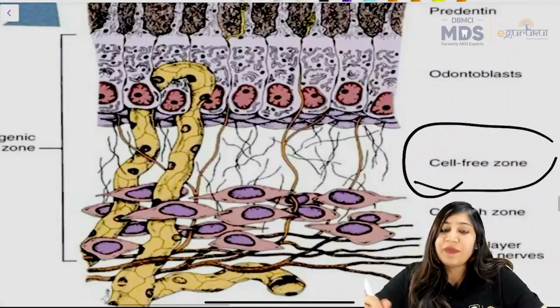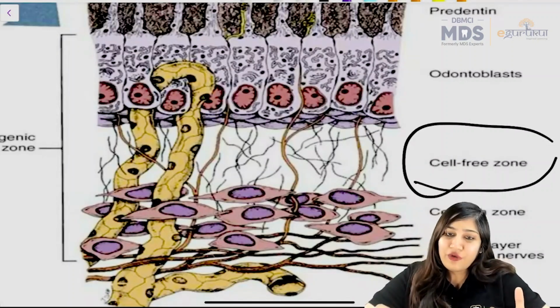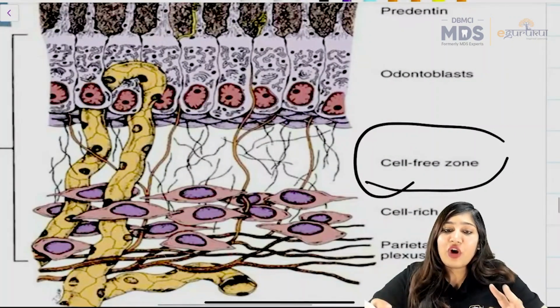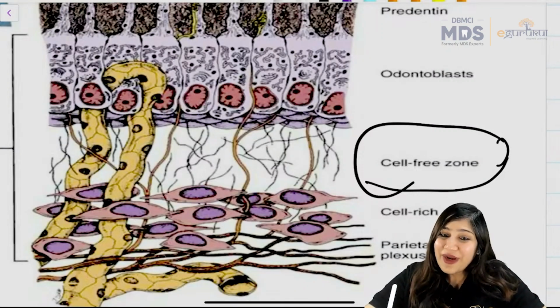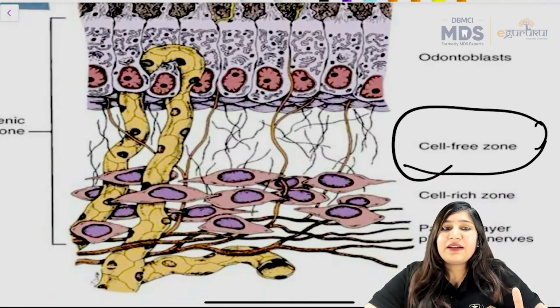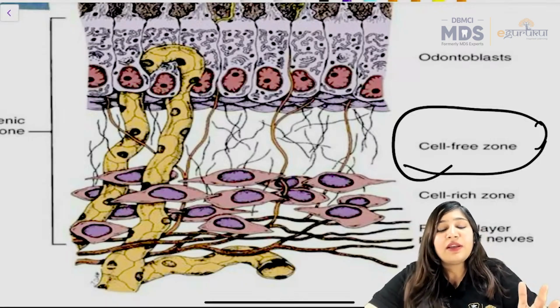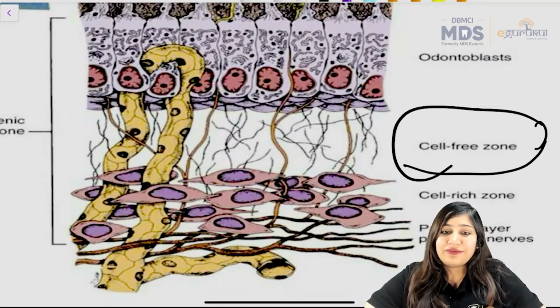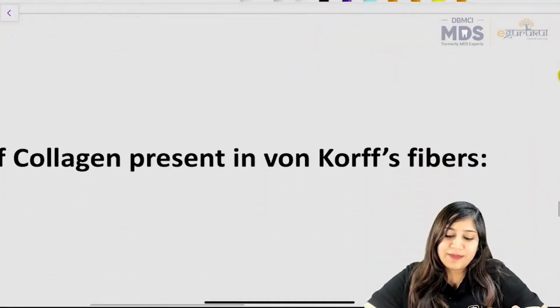Here we can see nerve bundles usually enter the tooth through the apical foramen and they form plexus of nerves near the cell-free zone, which is known as plexus of Raschkow. They consist of sympathetic fibers from superior cervical ganglion and sensory fibers from trigeminal nerve.